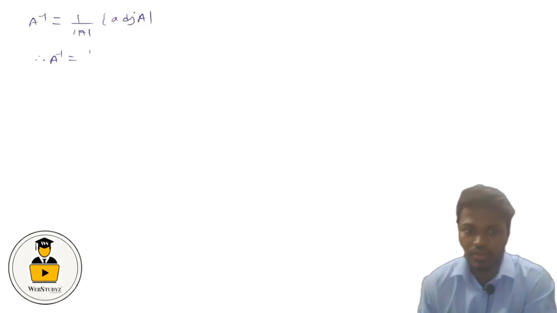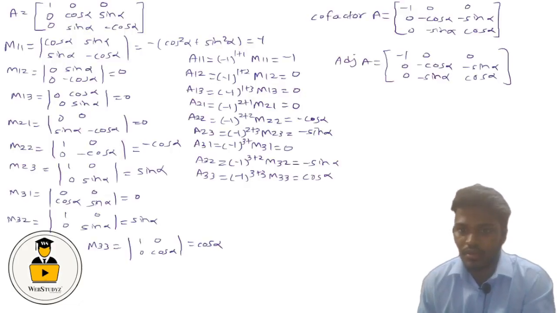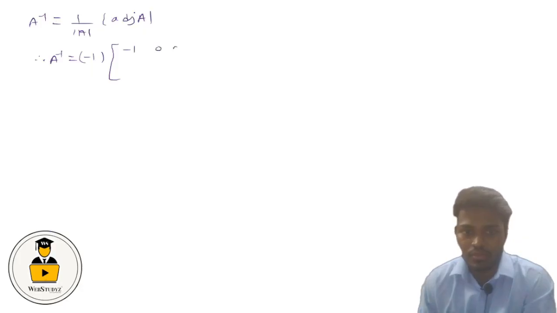So now we can calculate the inverse using the formula 1 upon determinant of A into adjoint of A. Therefore the inverse comes out to be, the determinant is equal to minus 1, so this is minus 1 into the adjoint of A, which is minus 1 0 0, 0 minus cos alpha minus sin alpha, 0 minus sin alpha cos alpha.